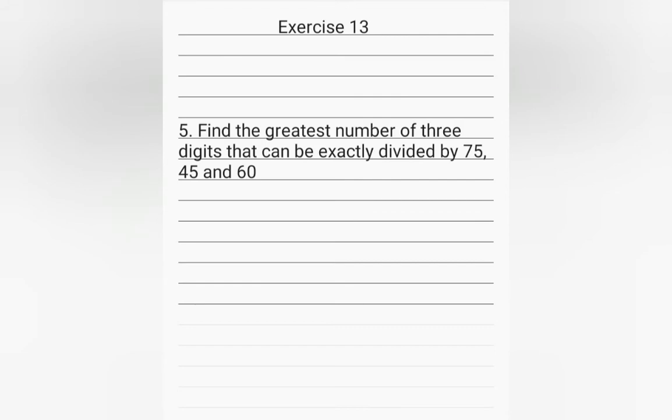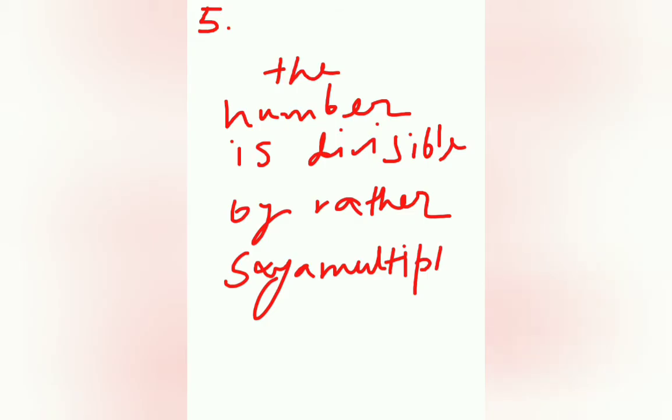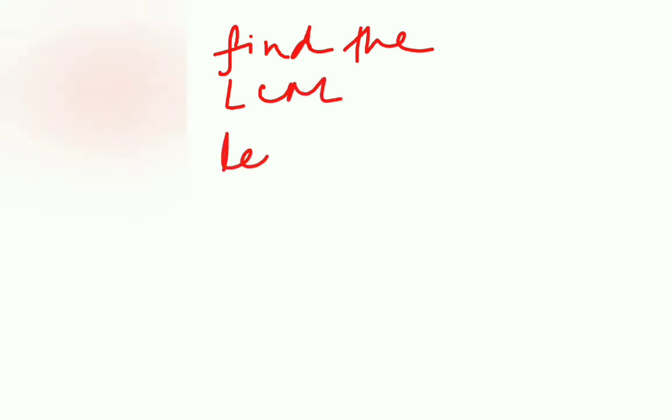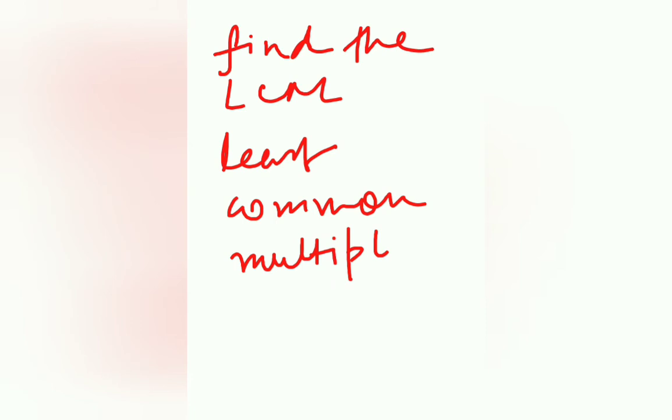Find the greatest number of 3 digits that can be exactly divided by 75, 45 and 60. The number is divisible by, let us say, a multiple of 75, 45 and 60. So you have to find out the least common multiple, LCM, of 75, 45 and 60.